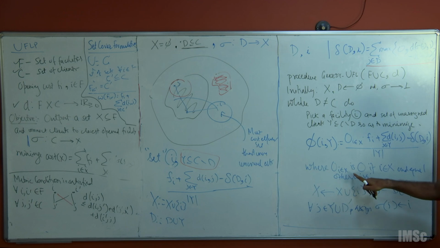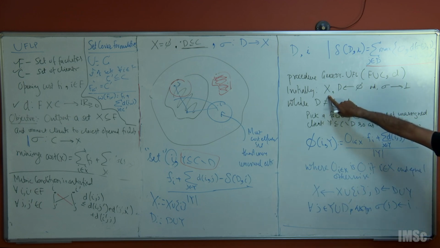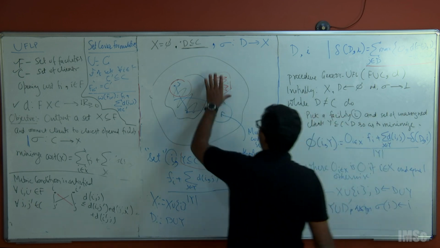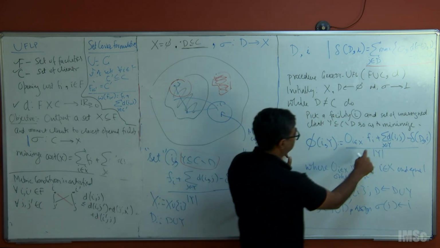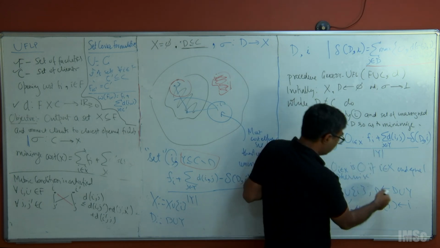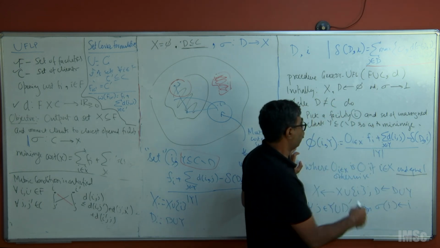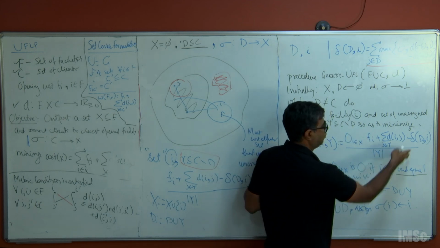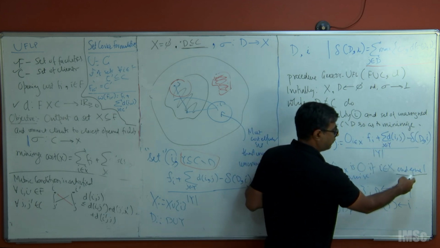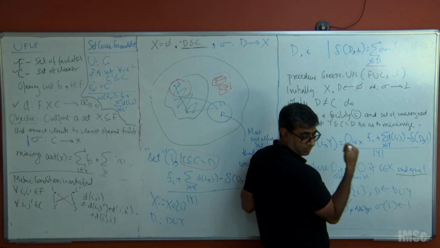X is the set of already selected facilities. If I choose Y and decide to map it to someone already selected, then this cost is 0, else this cost is equal to 1. If I'm using an already existing facility, then this cost is 0 and everything else remains. If it is a new facility, then it becomes 1.